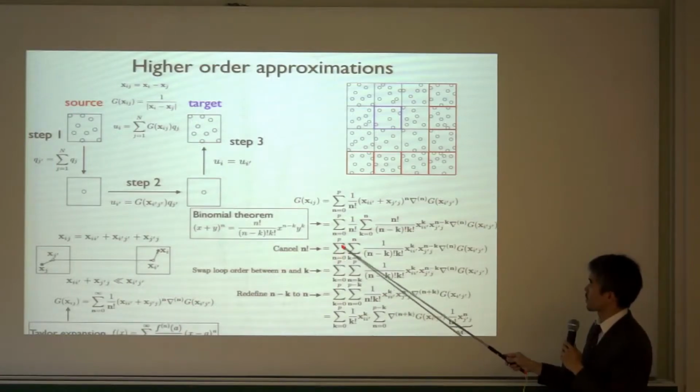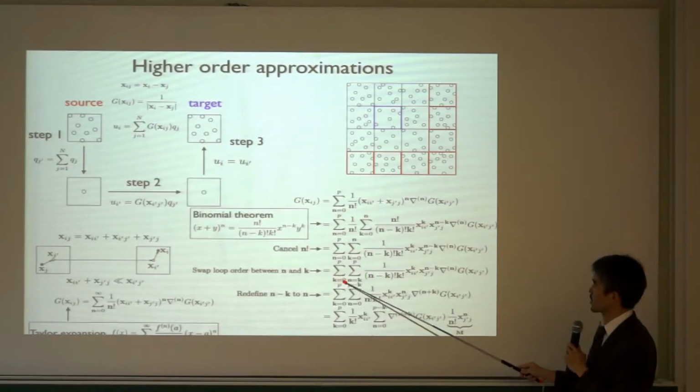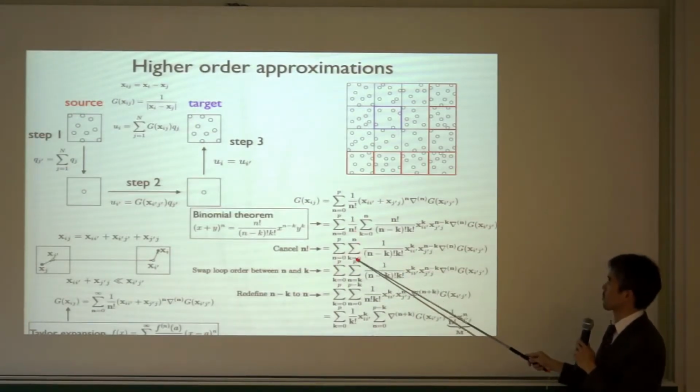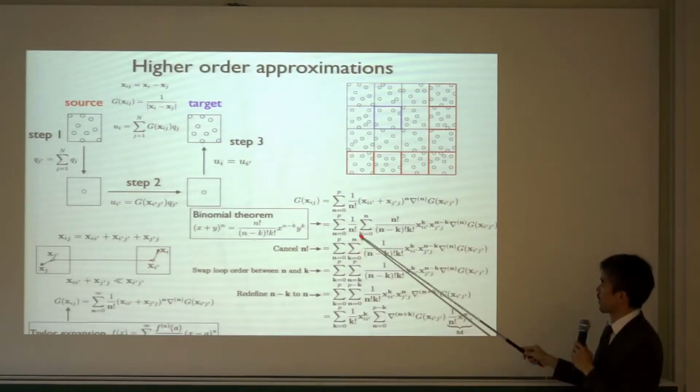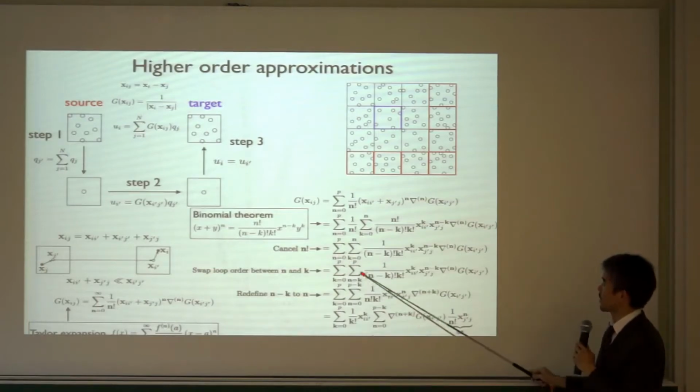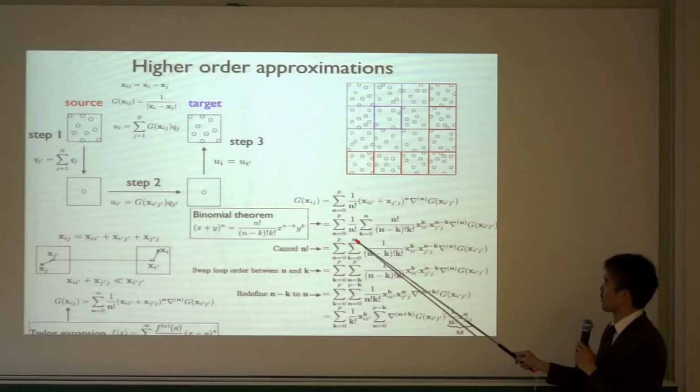If you take this outside, then if you look at it the other way around, n was going from k to p.